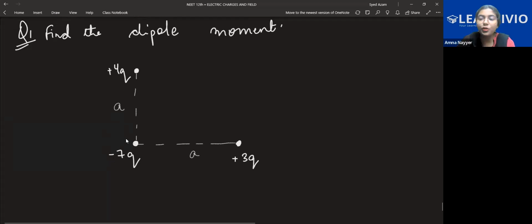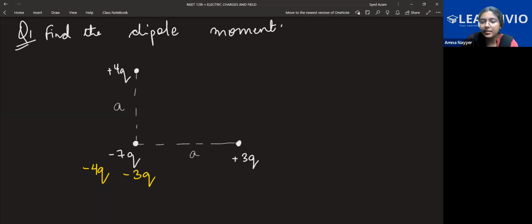Which charge do you require to make this a dipole for plus 4q? Minus 4q. Yes, so we require minus 4q, and for plus 3q, what do we require to make it a dipole? Minus 3q. So see, minus 4q and minus 3q: this is making a set of dipole, and this is making a set of dipole.